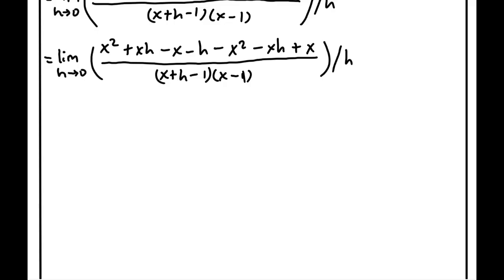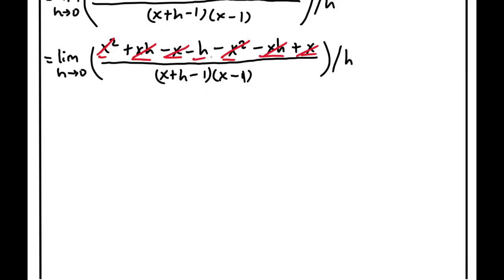Now, let's look for terms that can cancel out. We have positive x squared here. We have negative x squared. These two cancel. We have xh here and negative xh. These two as well cancel. We have negative x and we have positive x. These two also cancel.